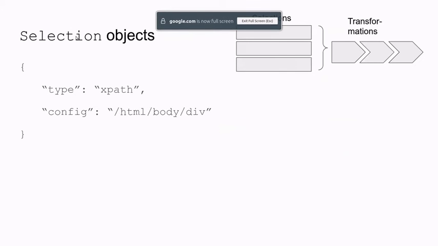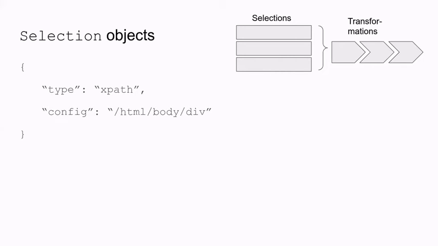But back to the presentation, here we have a selection object. It has two properties: type, where you define what selection step you want to use. We currently support XPath, fixed, and cytoid, and the configuration of the step. So depending on the type, the configuration format is different.